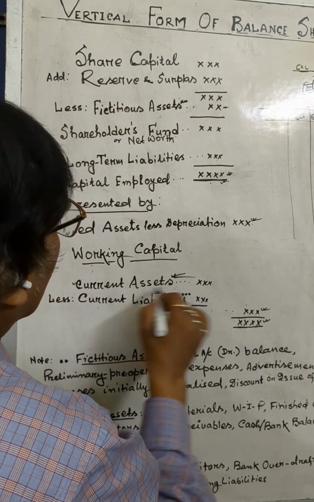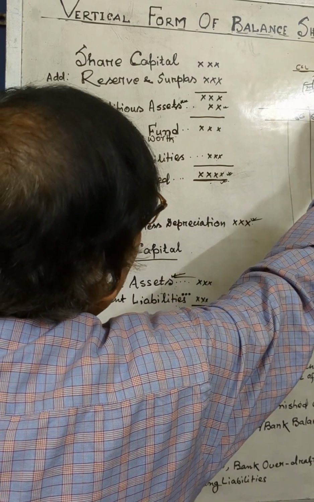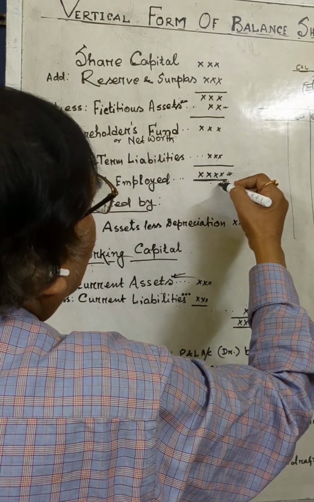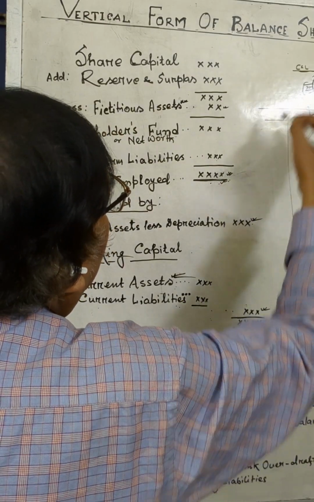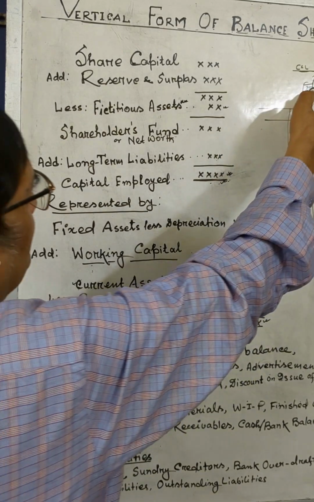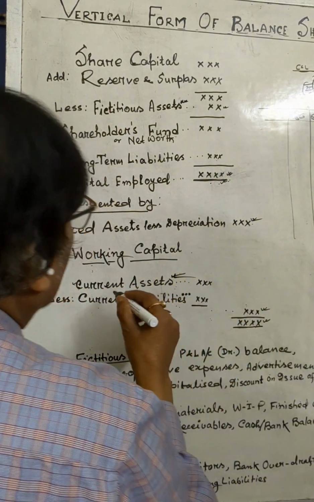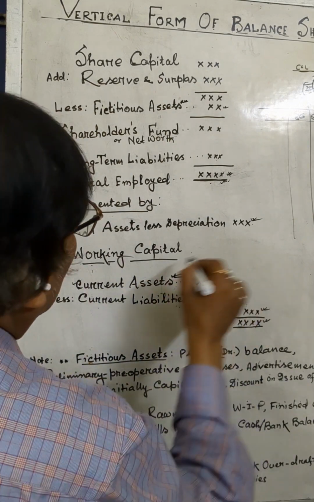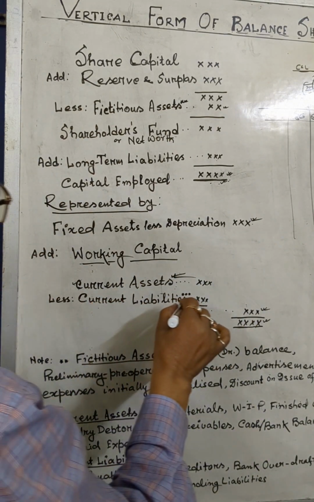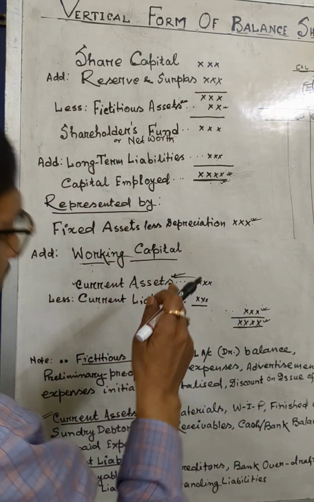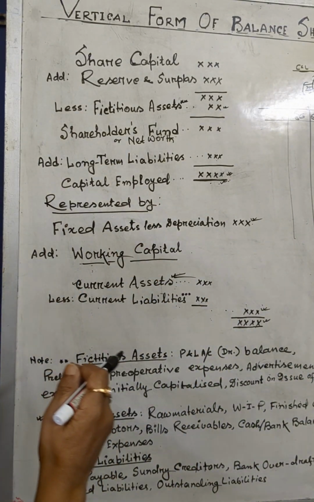Working capital will be current assets less current liabilities. Just rectify it: initially I told you this is the total figure, but actually it is not. In vertical mode, the working capital is shown where current liabilities are subtracted from current assets in this way. Okay, please do that correction.